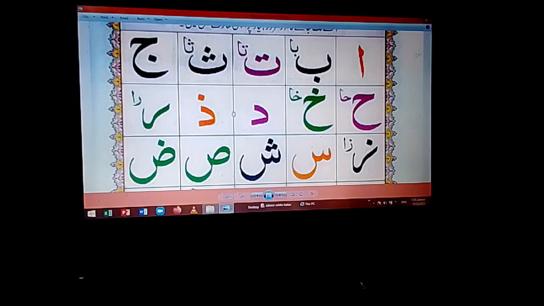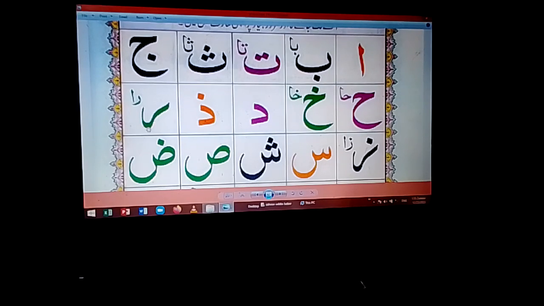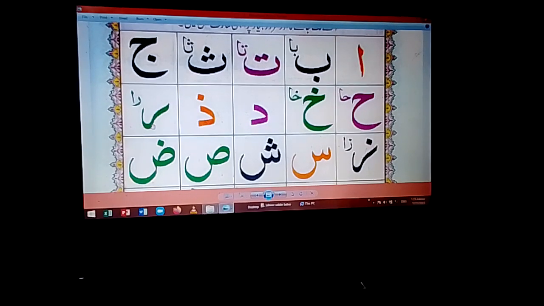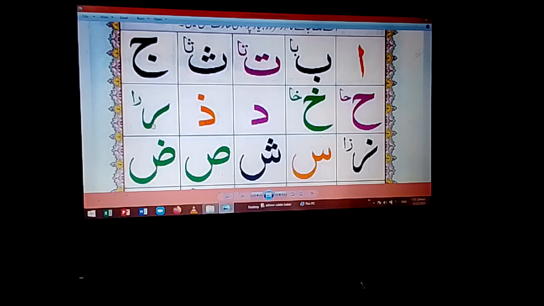Then we are going to learn today a few more pairs. Most of the letters are in one pair. So here is ra, this one is ra, without a dot.